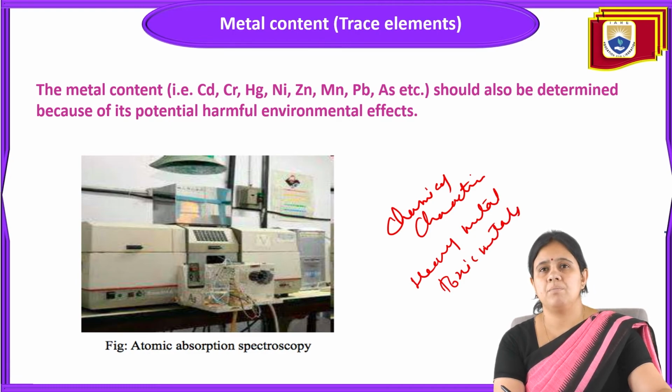Examples are cadmium, chromium, mercury, nickel, zinc, manganese, lead, arsenic, etc. It should be determined because of its potentially harmful environmental effects, because these heavy metals are very toxic and very dangerous. If they are released into the food chain, it is a problem, so the metal content should be determined before sending the waste to the processing unit or the disposal site.